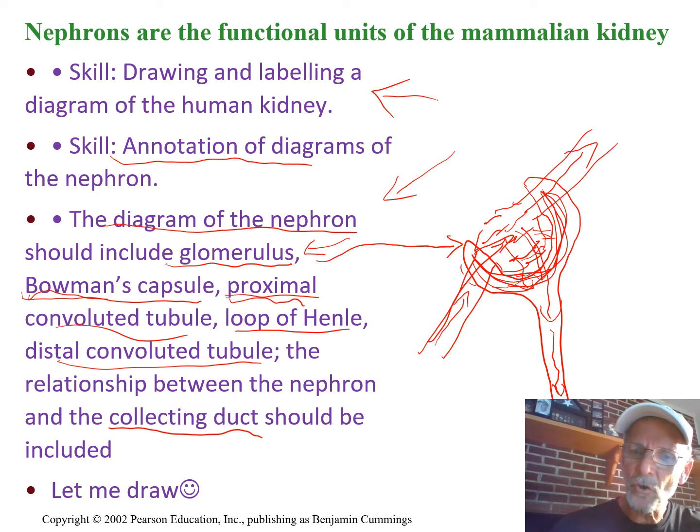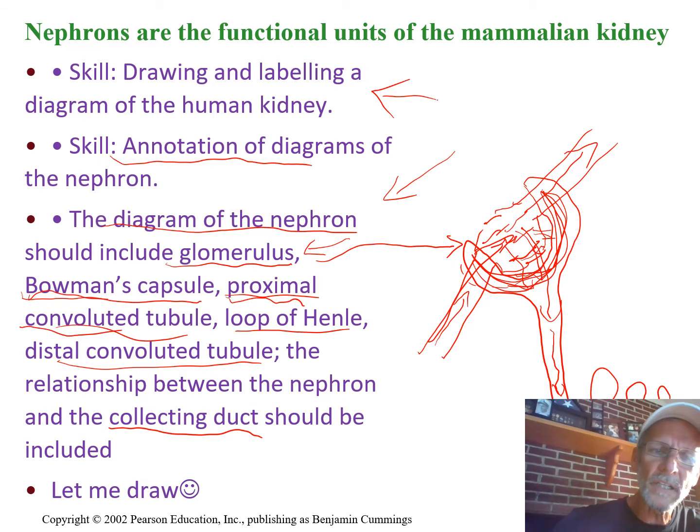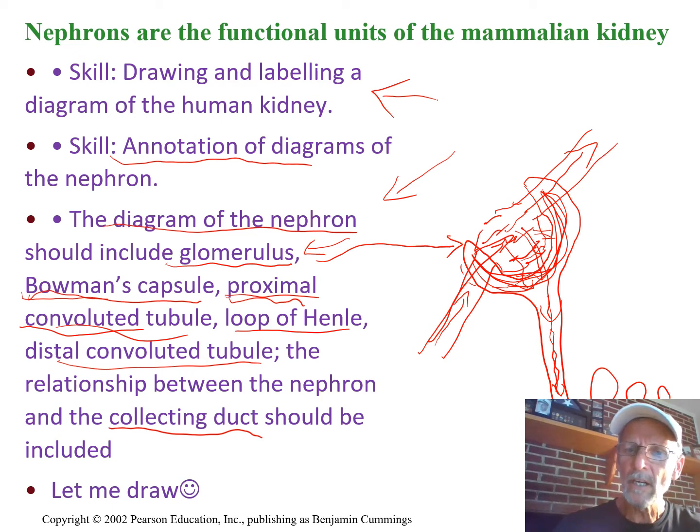This tube is then going to curve around a lot. Convoluted is the name for that, and so that's why this first part is called the proximal convoluted tubule, right? It's going to convolute, and eventually, I'm going to run out of space here, it's going to take one big loop down deep into the kidney.